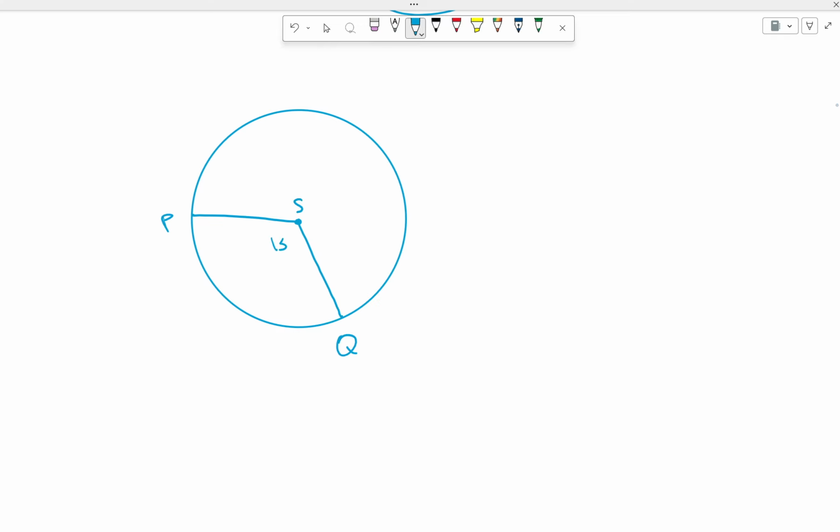And it's a 135-degree angle. Let's point R. All right. And we know that the area of this sector is 48 feet squared. Okay. So we're going to find the area of circle S.